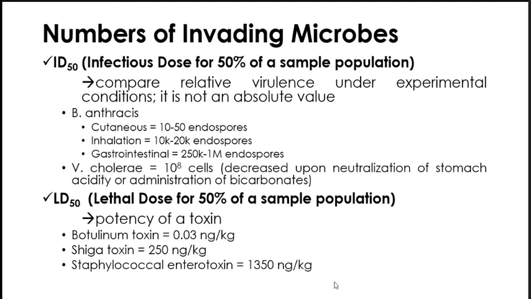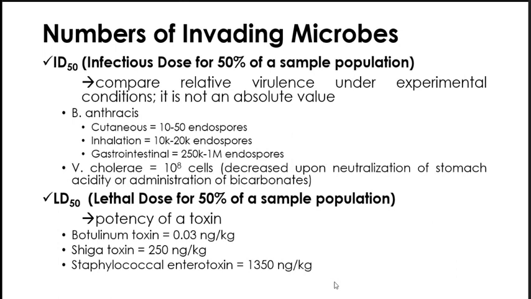ID50 is the infectious dose for 50% of a sample population, so that you can compare relative virulence under experimental conditions. The LD50, or the lethal dose for 50% of a sample population, is about the potency of a toxin.